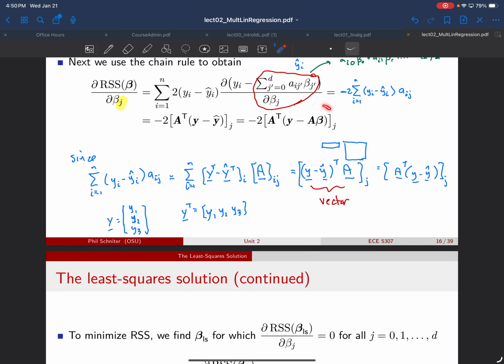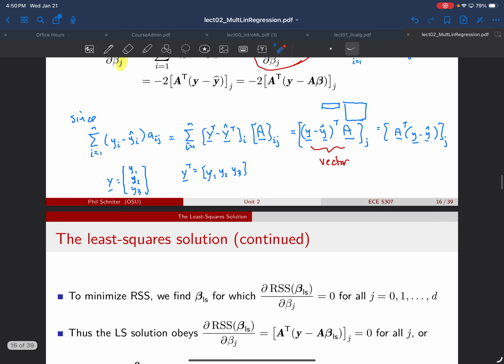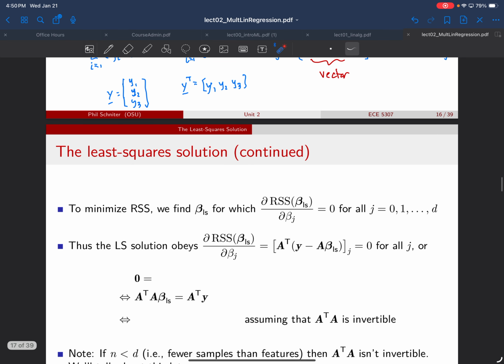We want this to be 0 for all j, based on the previous page. But that's the same thing as saying that this entire vector is 0. If all of its entries are 0, the entire vector is 0. So that means that A transpose times y minus A beta least squares, that entire vector is 0.